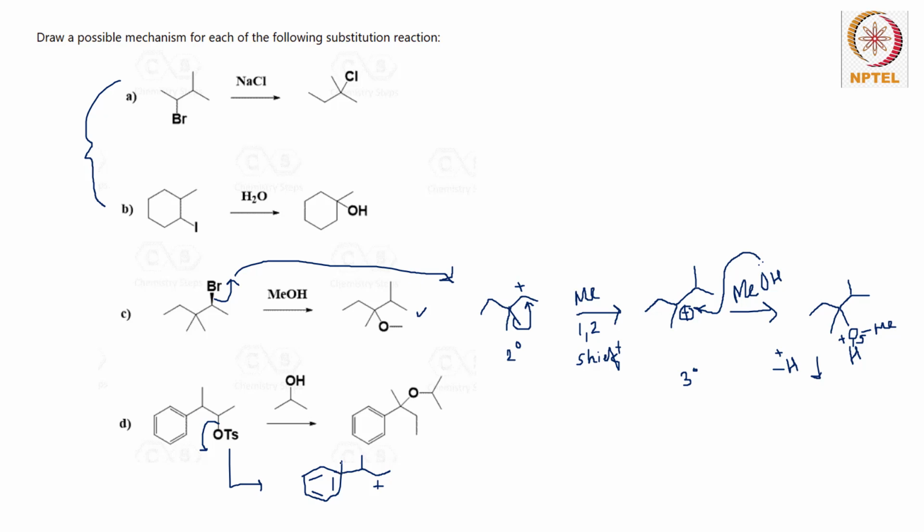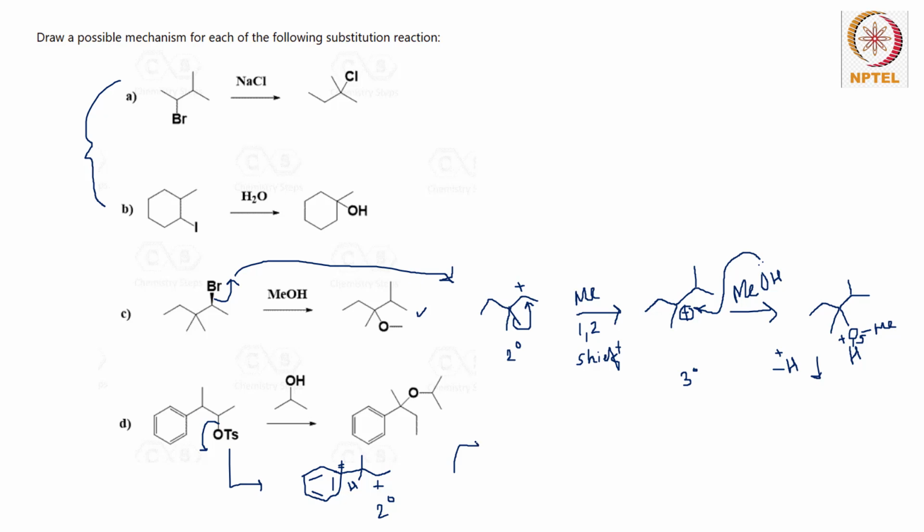There is nothing else. We will get this carbocation. So now this carbocation is 2 degree. If there is a chance to shift, now there is one hydrogen atom and one methyl group. If we shift this methyl, it will be again 2 degree but benzylic. And if we shift the hydrogen, it will be 3 degree and benzylic.